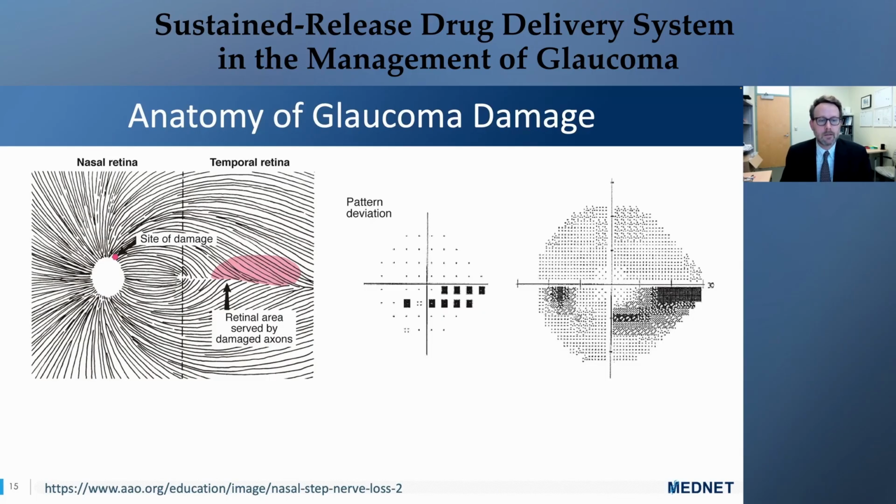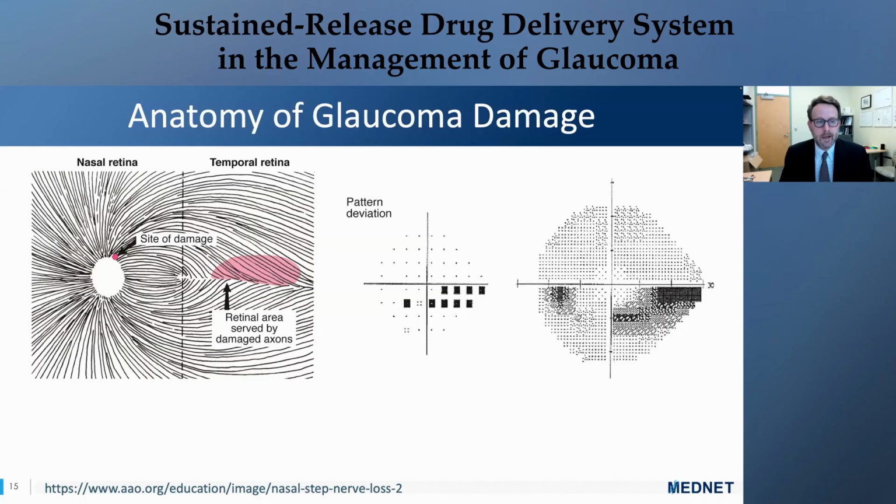In this patient, there's a site of damage in the superior optic nerve head that affected retinal ganglion cells in the superior aspect of the retina. This in turn leads to an inferior arcuate defect that respects the horizontal midline.